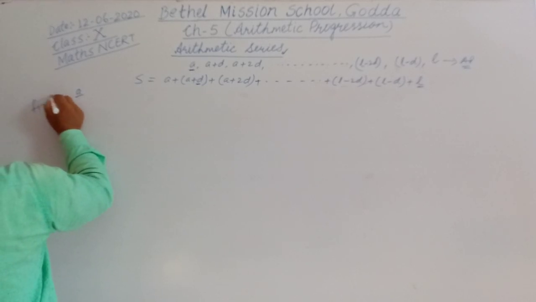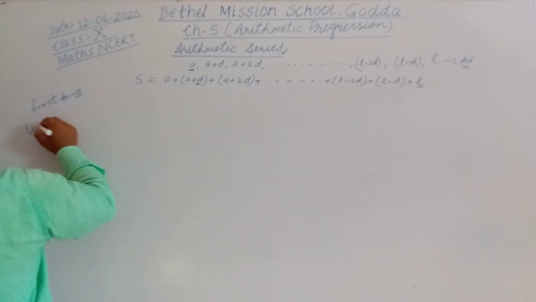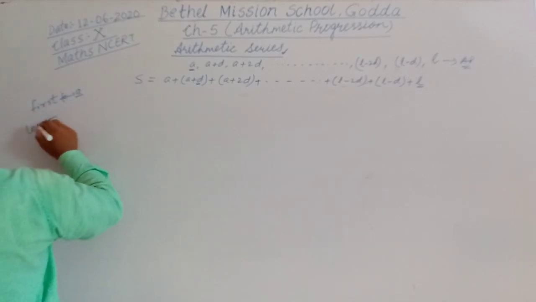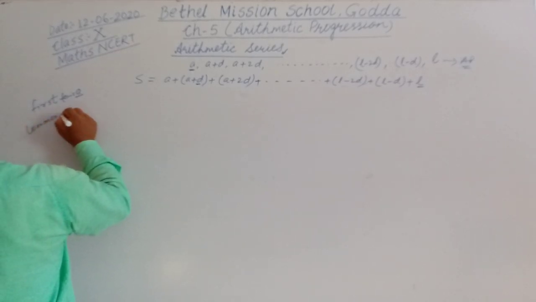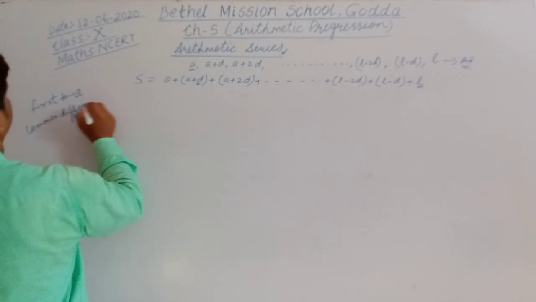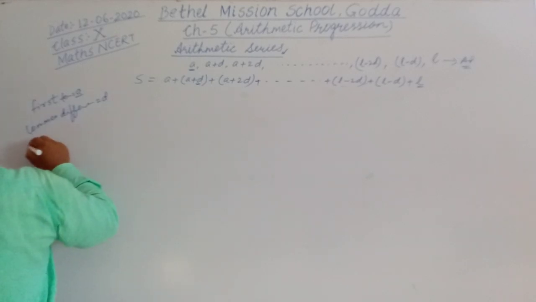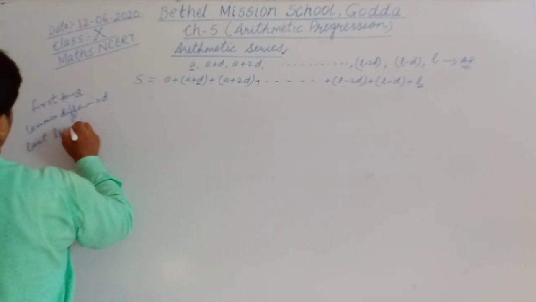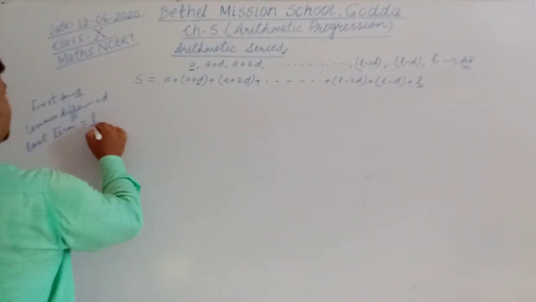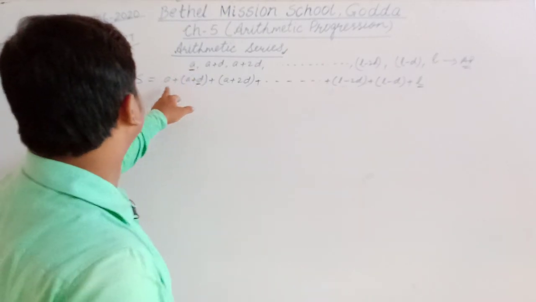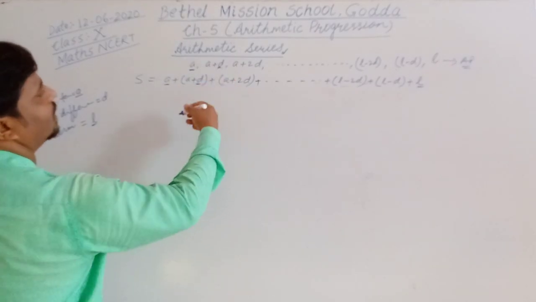A is the first term, the common difference is D, and the last term is L. You know that this is the first term, so for getting the next term we add the common difference.